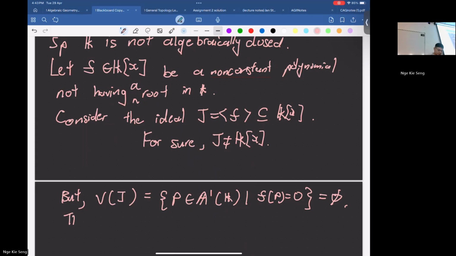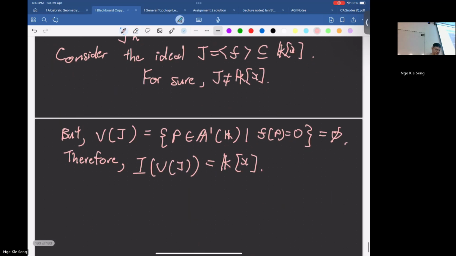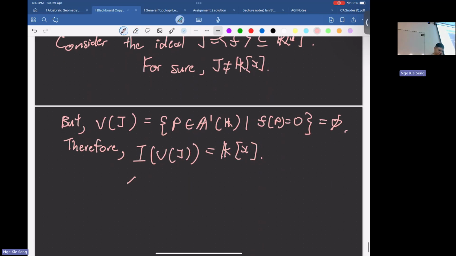But if you look at the I of the empty set, what is the I of an empty set? Everything. So K[x] here. Hence we got that the ideal generated by J is actually a strict subset of K[x]. So this is one of the examples.